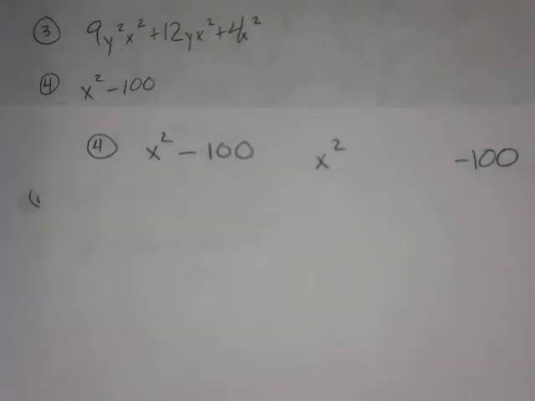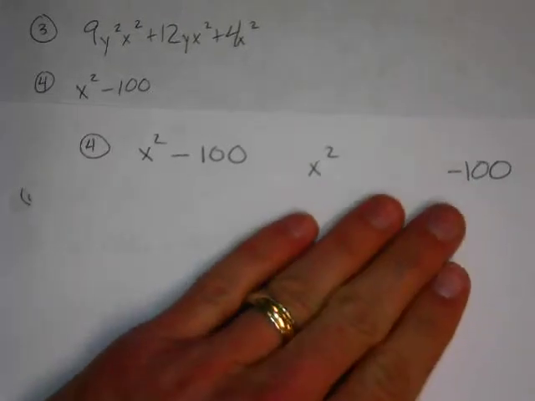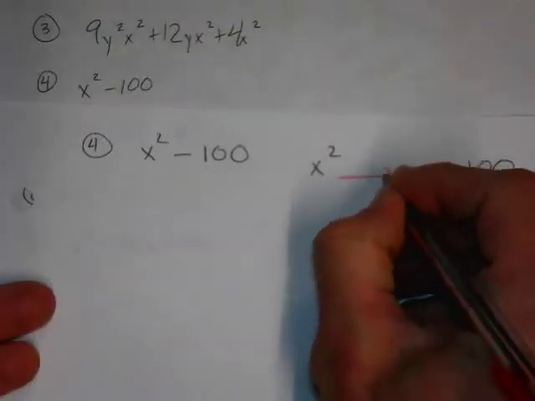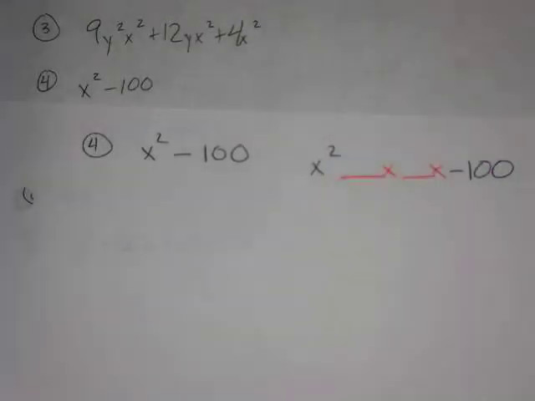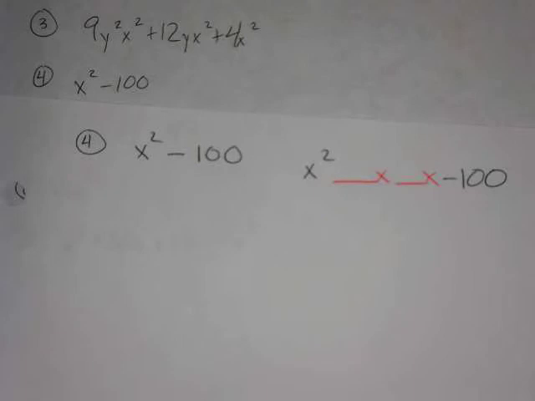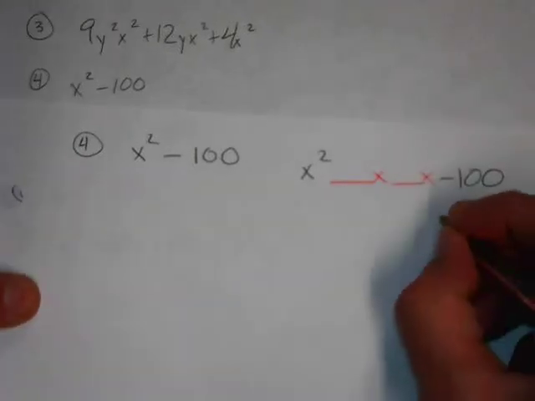Okay, so if we were to factor this the long way, this is what we would do. If we're going to do factor by grouping or even the x factor method, you would end up with blank x in the middle. The question then would be, what multiplies to negative 100 but adds to 0, right? What multiplies to negative 100 adds to 0.